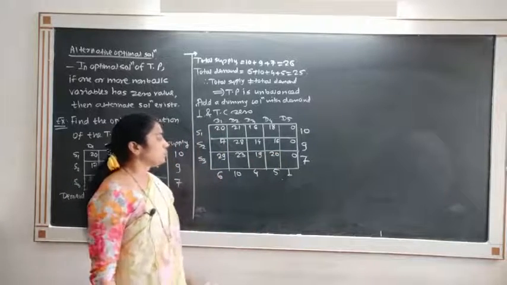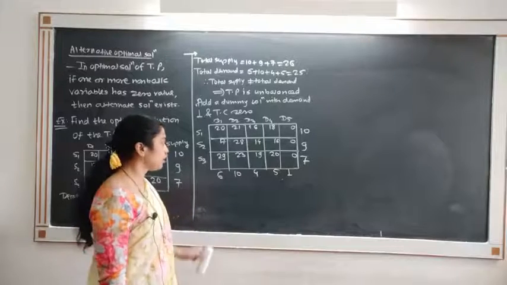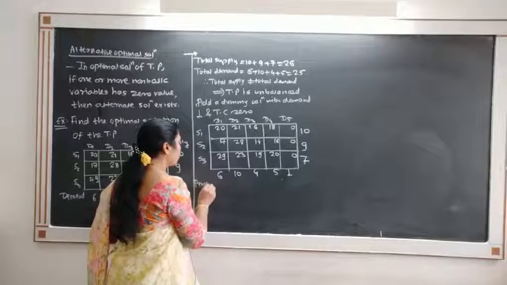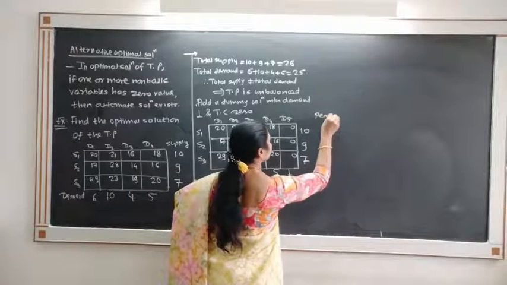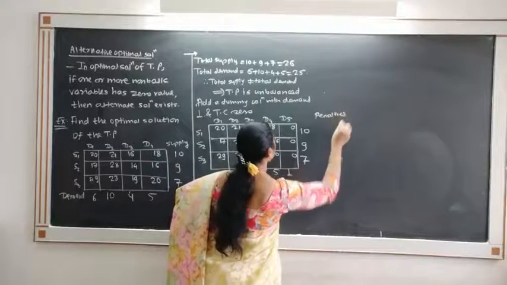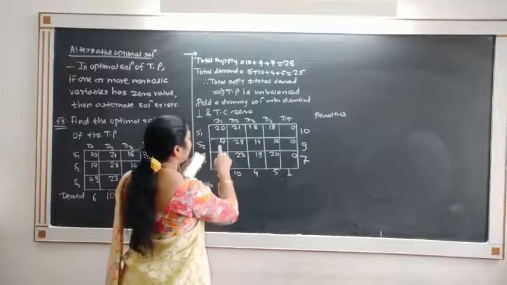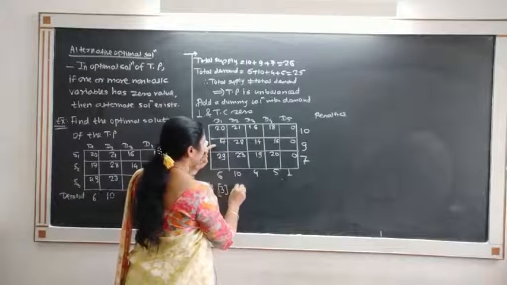Now since the problem is balanced, we will apply VAM, that is find the penalties of both rows and columns. The difference between 20 and 17, that is 3.